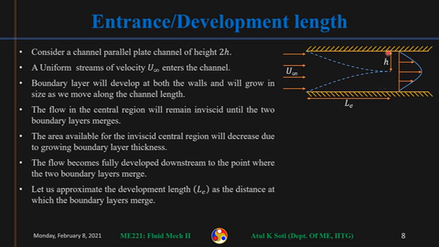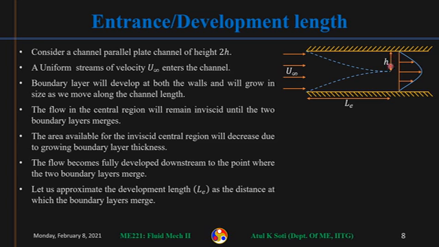So once these boundary layers merge together, there will be more changes in the velocity profile. Those velocity profiles will further change along the plate length, and then after a length, you will reach the fully developed condition, where the velocity profile will become parabolic and stop changing along x.